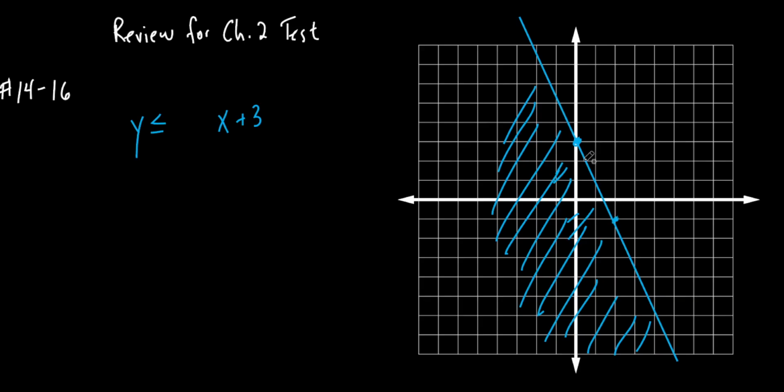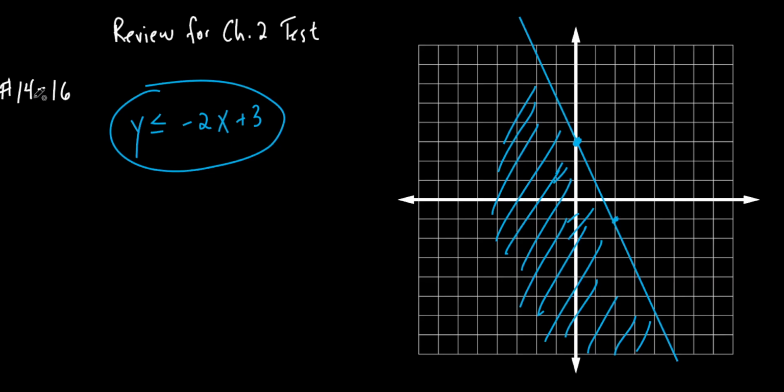Looks like it hits right here, and it looks like it hits right there. So let's find the slope. 1, 2, 3, 4. So we went down 4, and I went to the right 2. So that's down 4 to the right 2. Let's clean it up a little bit. What's that going to be? Negative 4 over 2. It's negative 2. Right, so it's just negative 2. And that would be the answer to that.